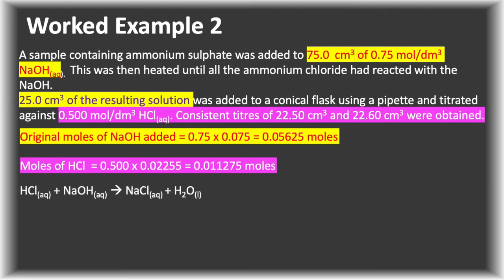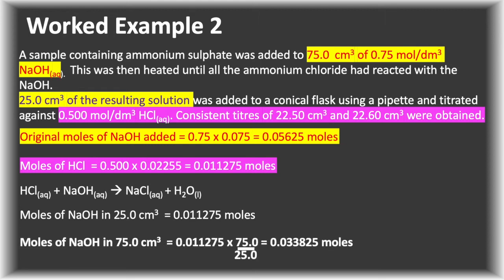And then by looking at the equation, we can find the number of moles of sodium hydroxide in the 25 centimeters cubed that we extracted to do the titration with was 0.011275 moles.